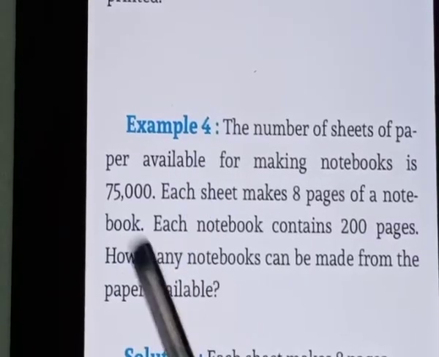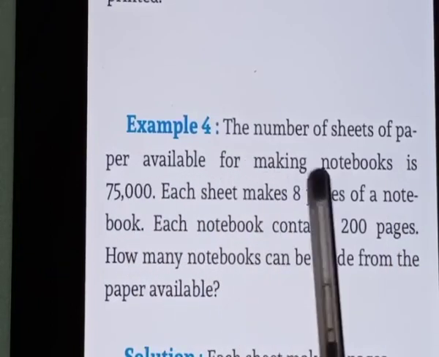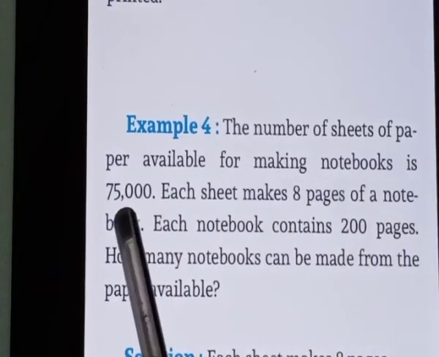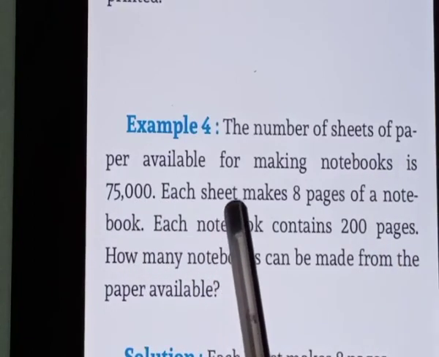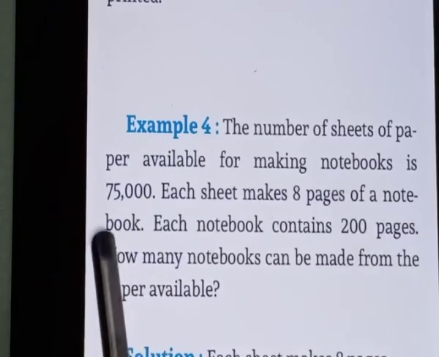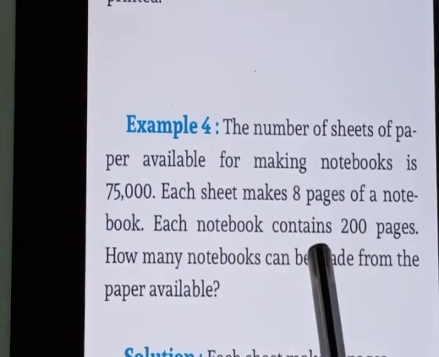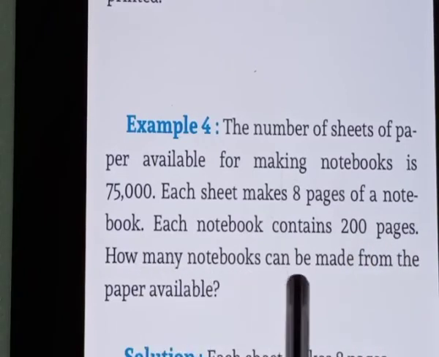Example number 4: the number of sheets of paper available for making notebooks is 75,000. Each sheet makes 8 pages of a notebook. Each notebook contains 200 pages. How many notebooks can be made from the paper available? Let's go to the solution.